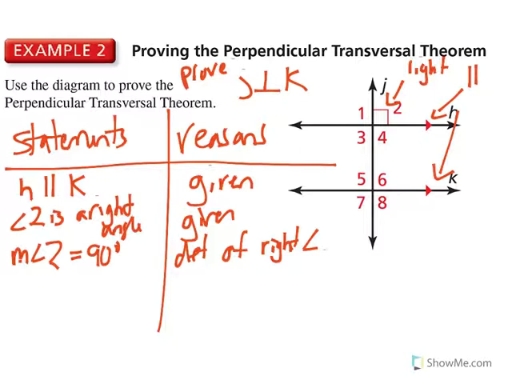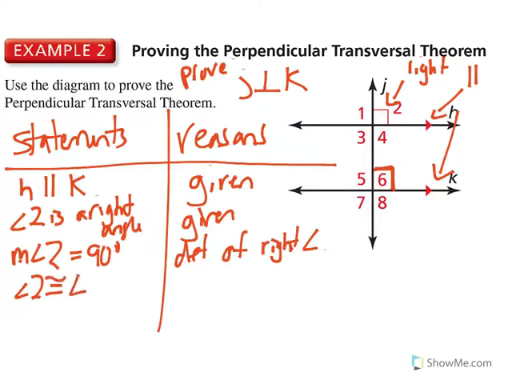Well, again, looking at this, since we know that H is parallel with K, most likely we're going to need to use that, then we can know if angle 2 is a right angle, angle 6 should also be. We know that 2 and 6 should be congruent because of our corresponding angles theorem.